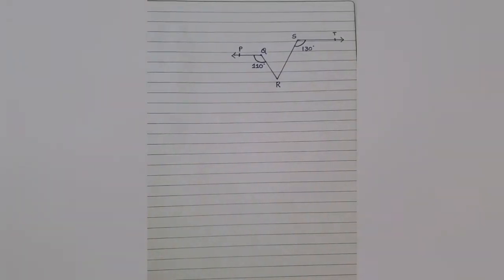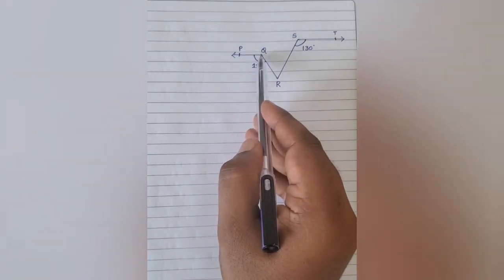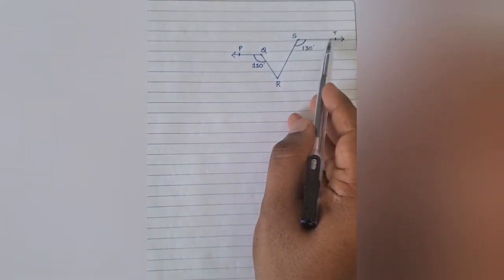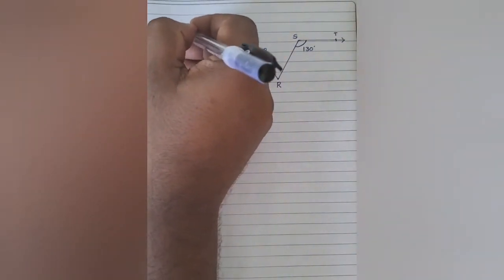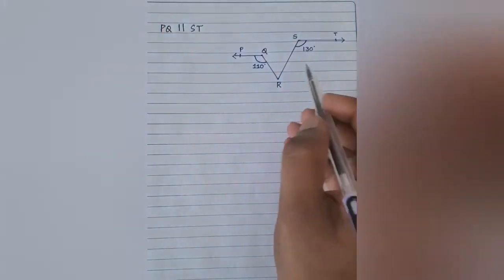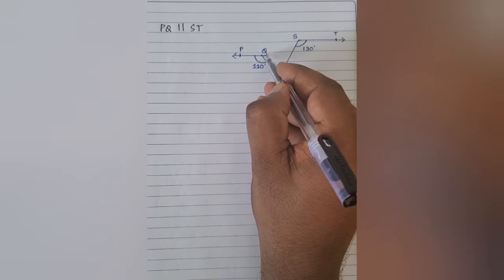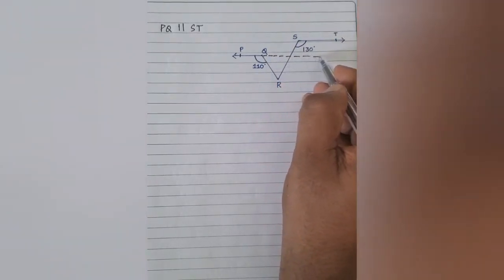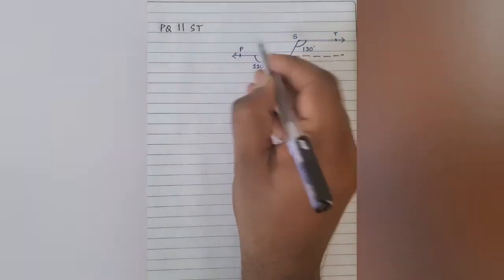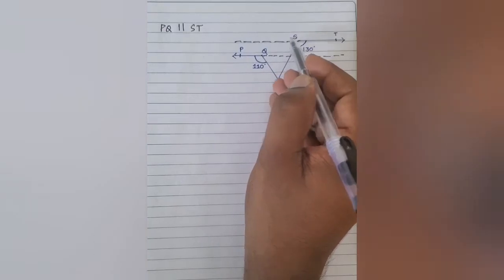Dear students, as mentioned in the question, PQ is parallel to ST. So I'll first write that PQ is parallel to ST. To see this clearly, I will extend PQ as well as ST, so you get a clear indication.